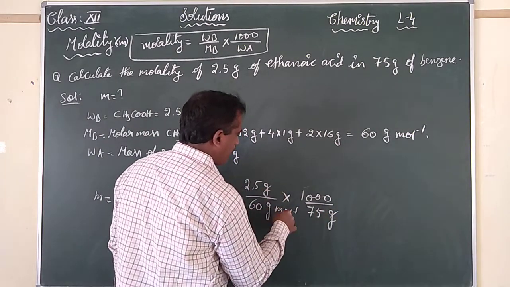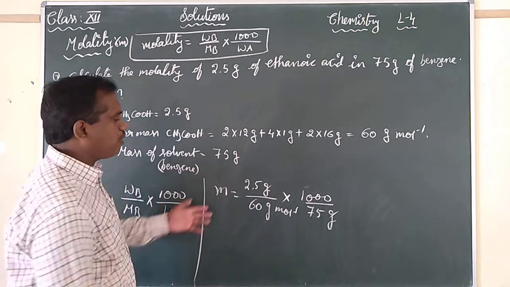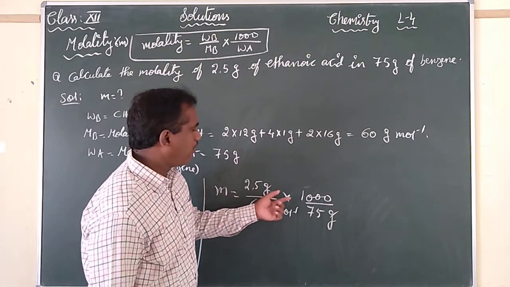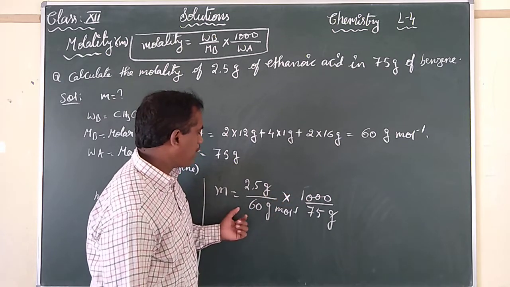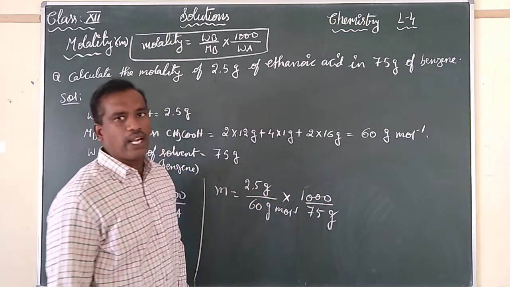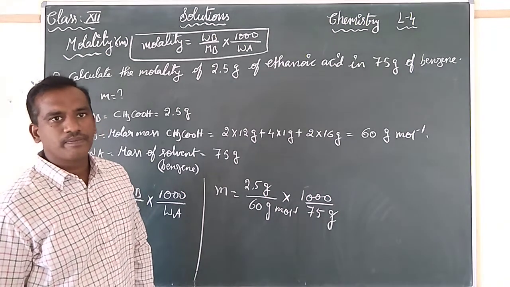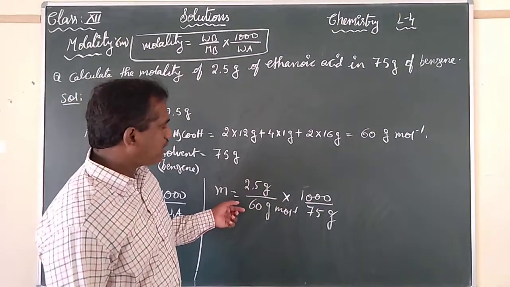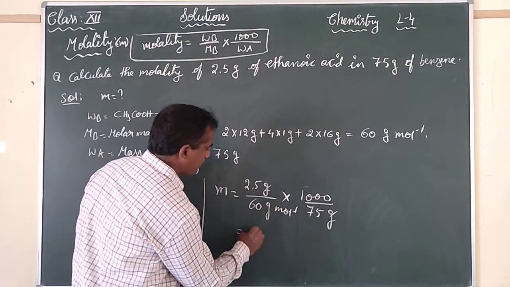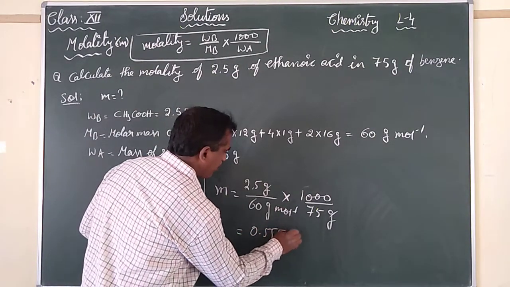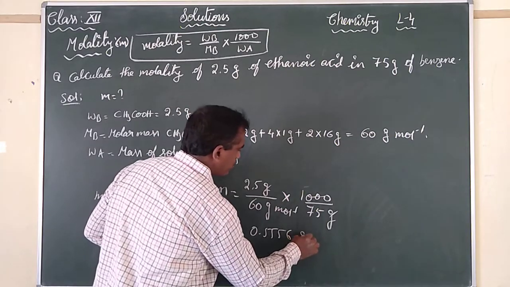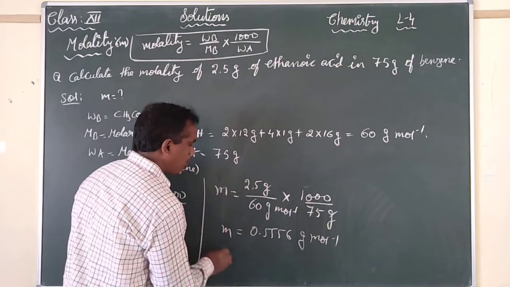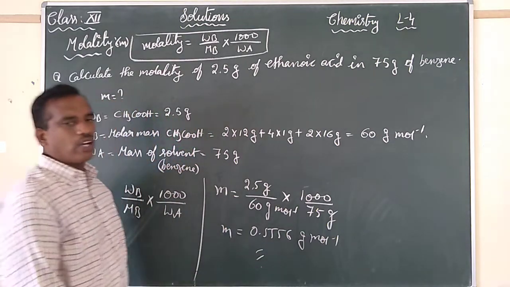Grams and grams cancel, so we will have mole per kilogram to express the molality. Now calculate 2.5 into 1000 by 60 into 75. How much are you getting? 0.556. So the molarity of the solution we got here.